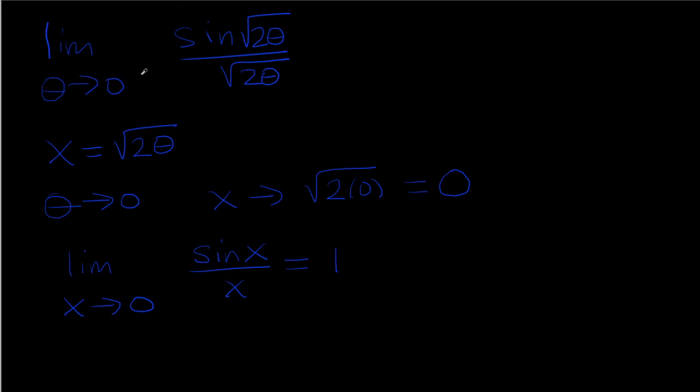Let's do a similar one. I have the limit as t approaches 0 of sine kt over t. This is not in the form sine kt over kt. So what I'm going to do is multiply the bottom by k, but then also multiply the top by k.